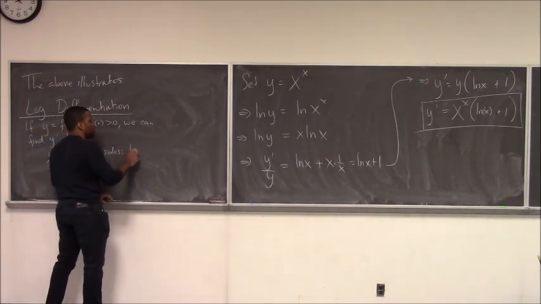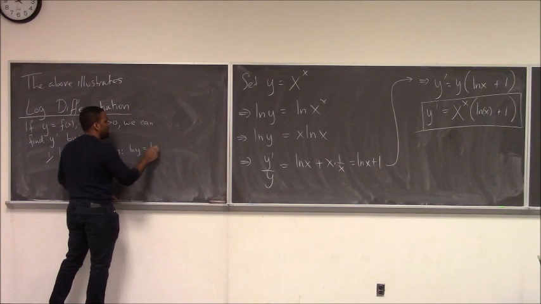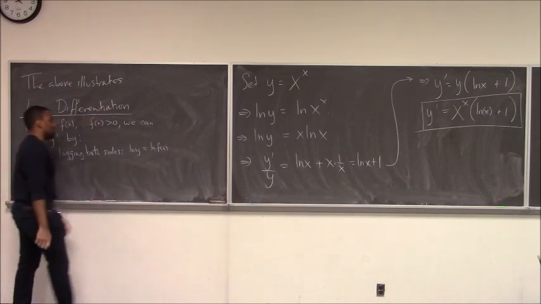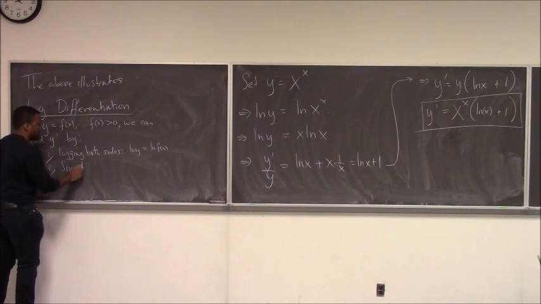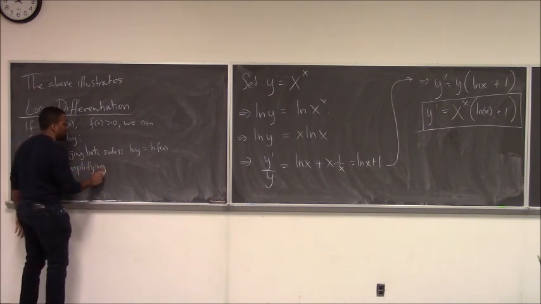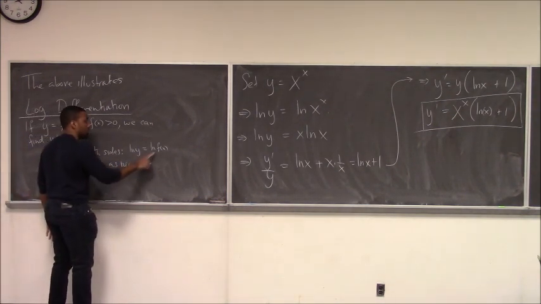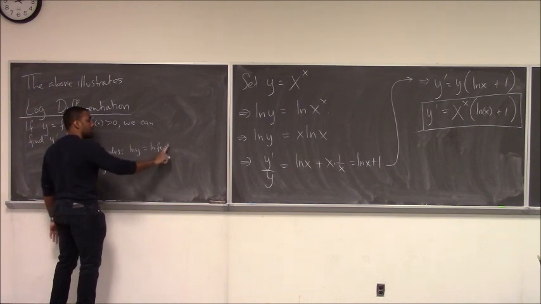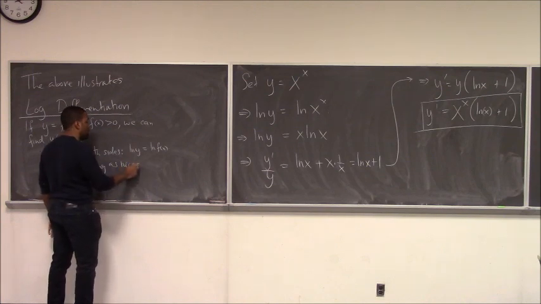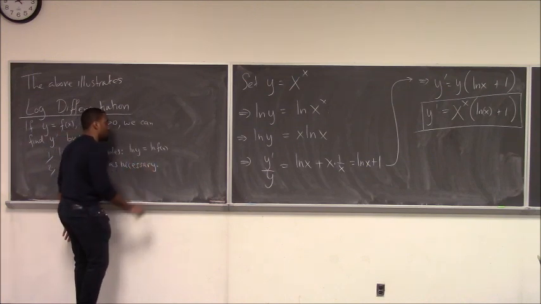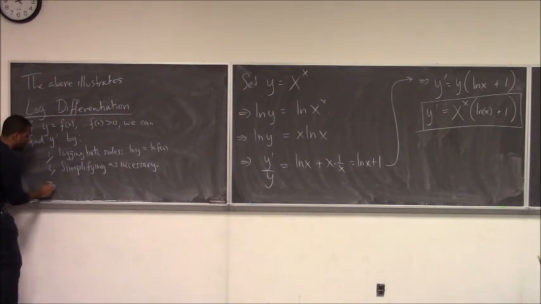So you get ln of y equals ln of your f of x. Two, simplifying as necessary, because sometimes this will be very ugly in the beginning, but you can use the laws of logarithms to break it down into a lot nicer little parts. Three, differentiating implicitly.